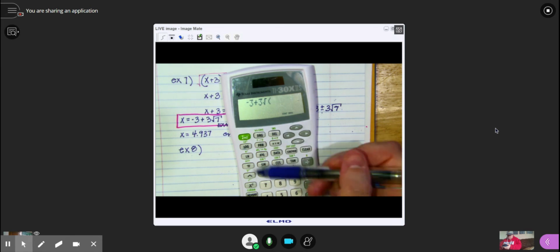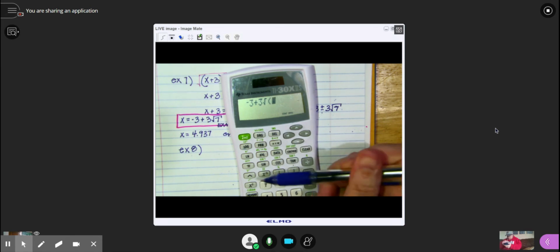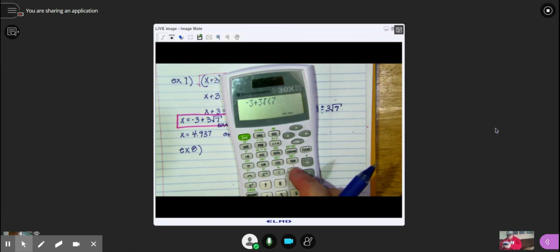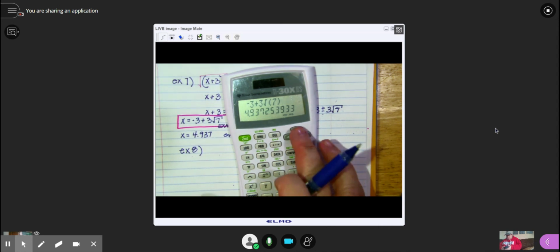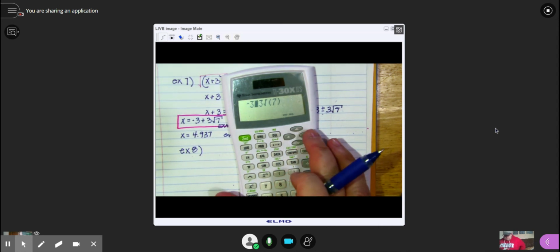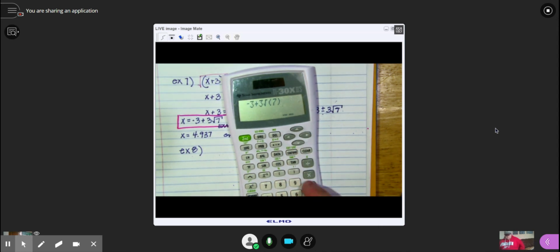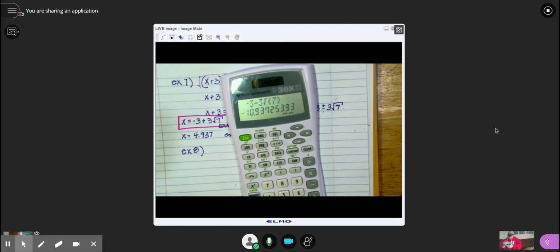Shift x squared on my calculator. I put the 7 in and close my parentheses. Then I hit enter. If I go up to it and highlight it, I can now change that to a minus and hit enter again. Or you can retype. It doesn't matter.